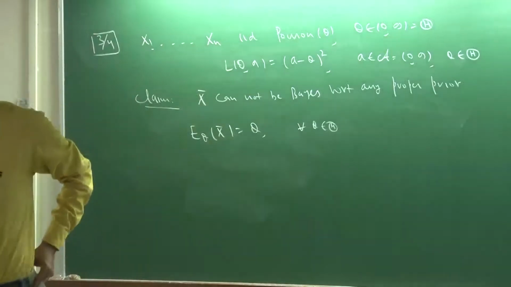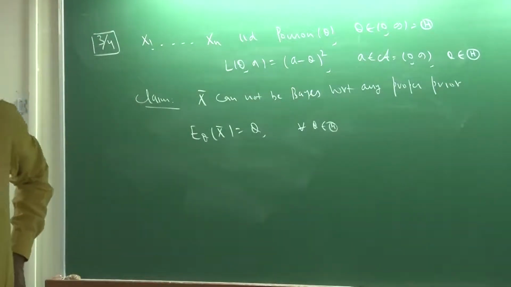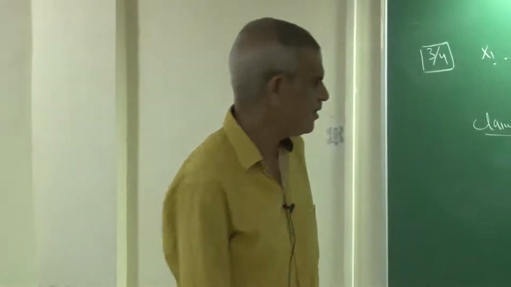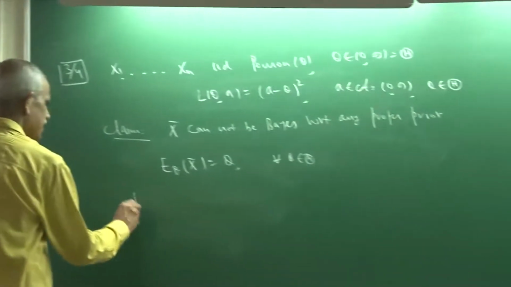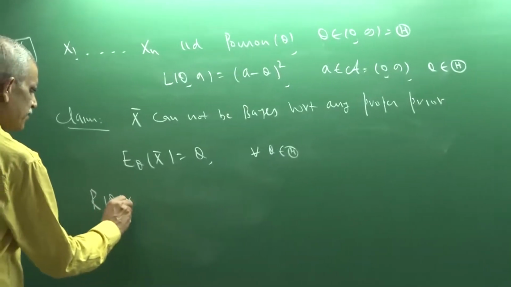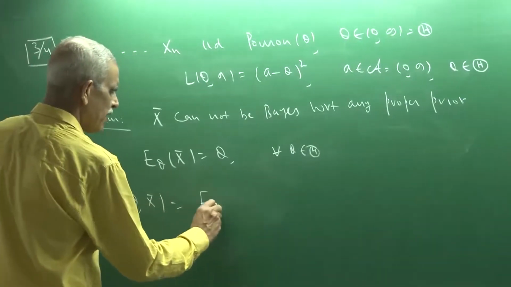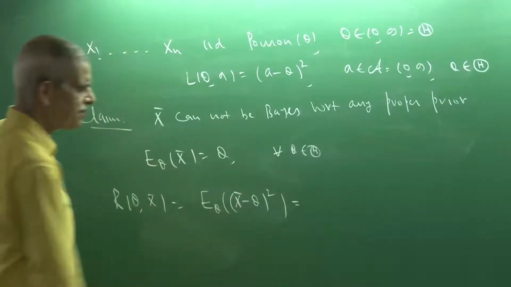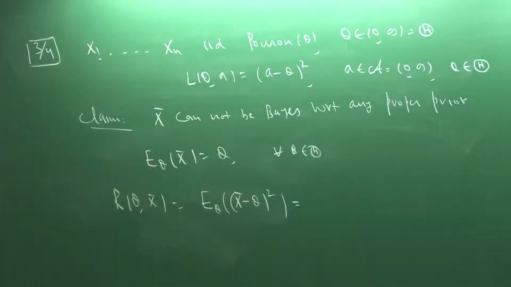So if it is Bayes, its Bayes risk has to be 0. So let us try to see what is the Bayes risk of this estimator.